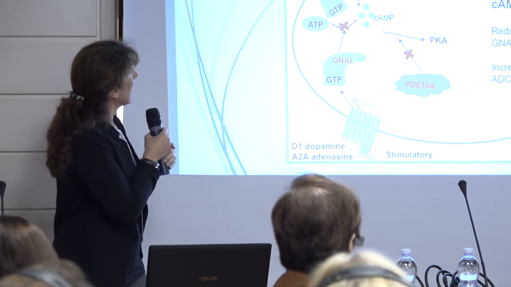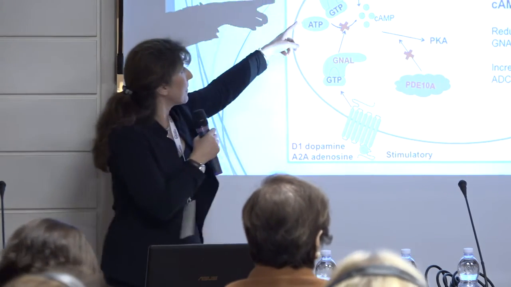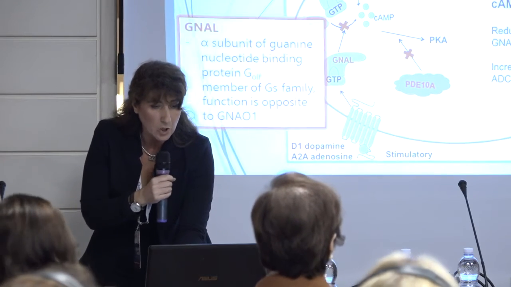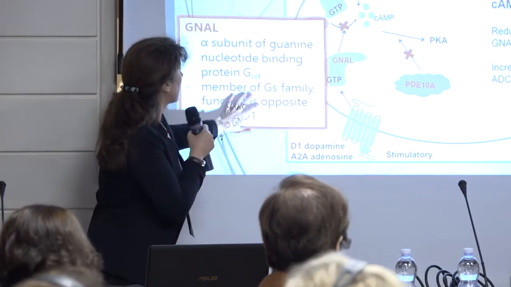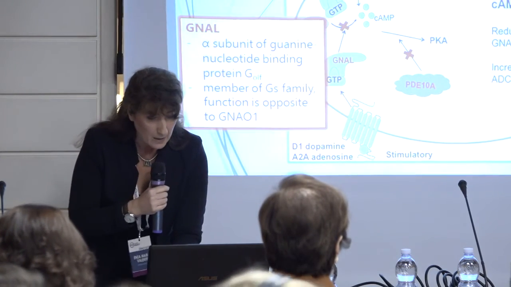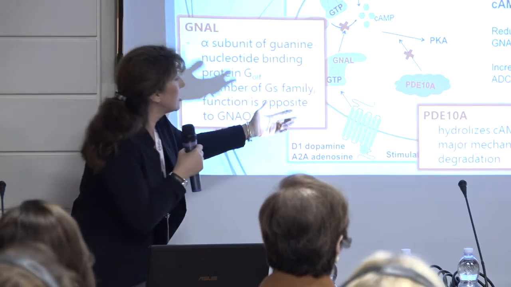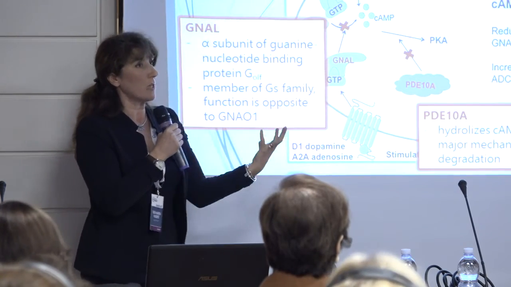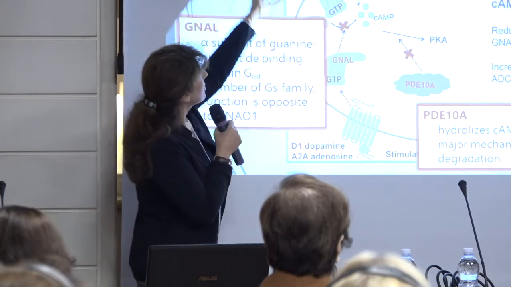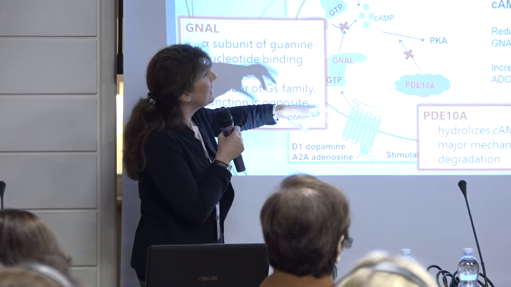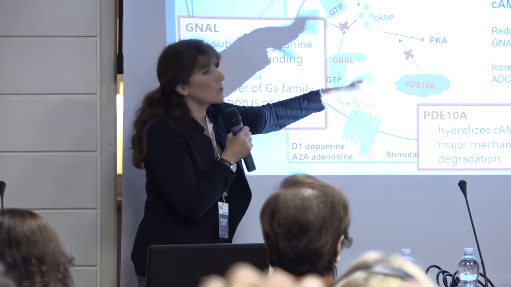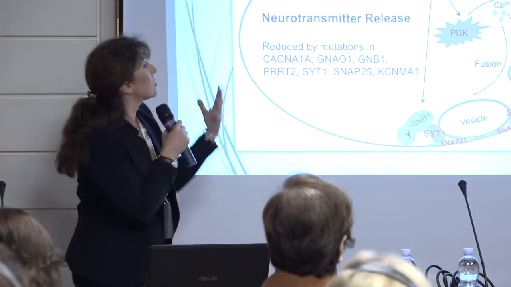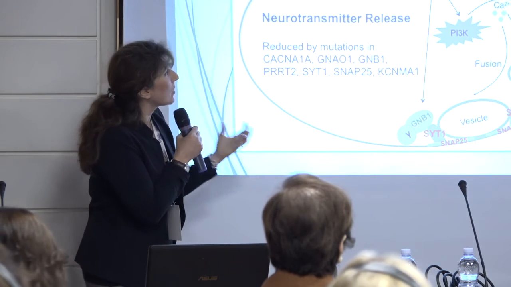ADCY5 for this hyperkinetic disorder with the same complex, the same pathway, and then GNB1, GNAL, general dystonia, PDE10A. And so the impact also justifies the phenotypes, in some cases with loss of function, in other cases with gain of function. But everything impacts on the cyclic nucleotide regulation.